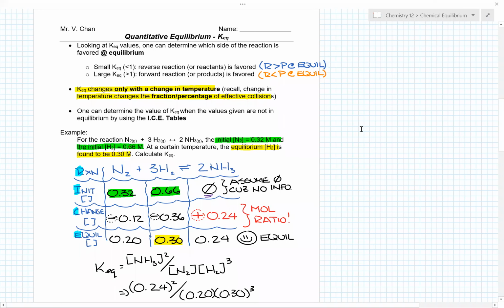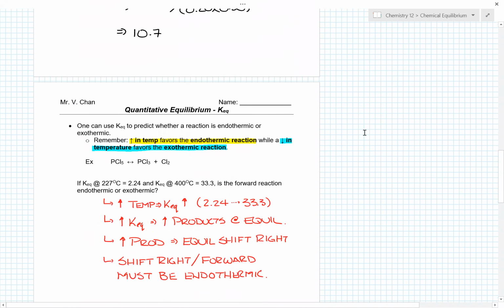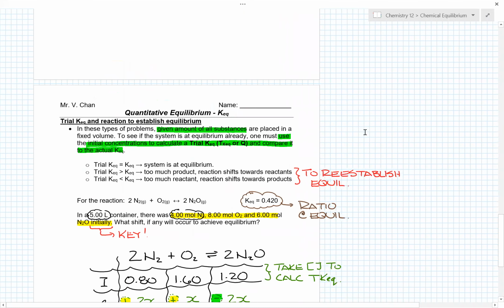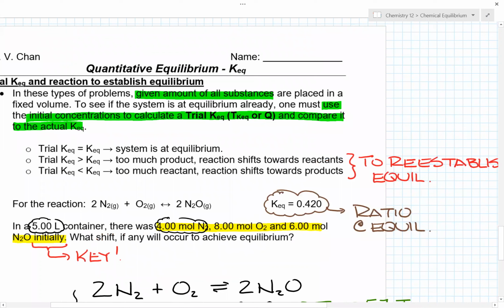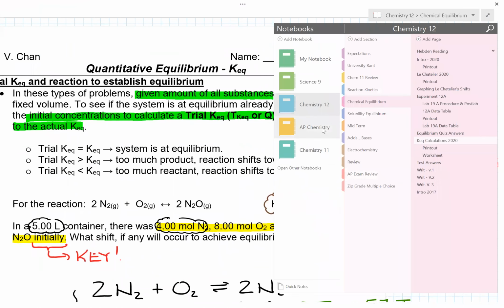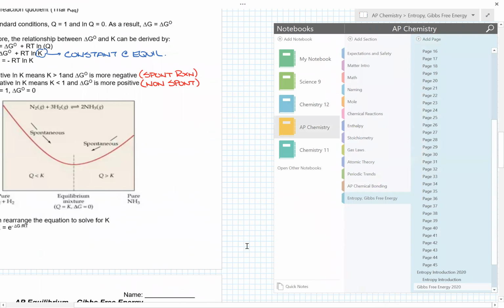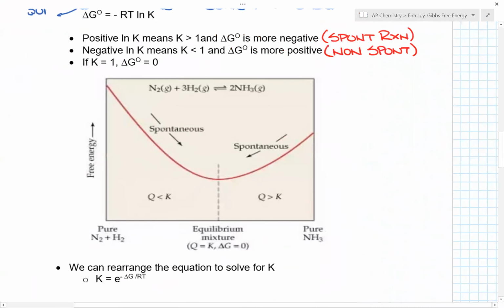Okay, we're back. Remember back here where we had trial KQ, where trial KQ is greater than KQ, too much product. Trial KQ is less than KQ, too much reactant. How do we apply that with delta G? So here, this equation.